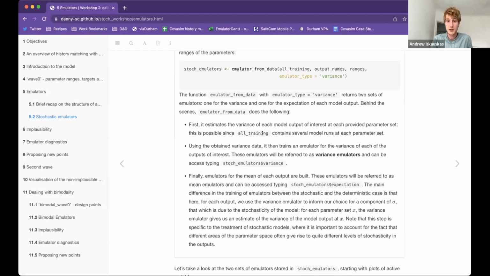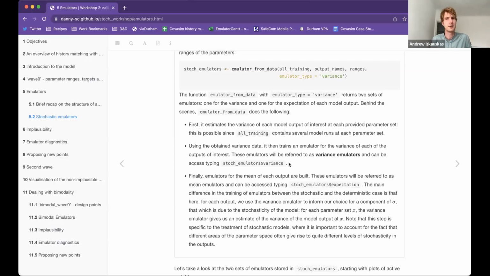So we start out with our training data set, we split it up, we work out all these summary statistics in some sense. We use the variance data to train a variance emulator. They sit in their own little thing. Frequently, we probably wouldn't need to use them in any sense that matters. It's very rare that with a model, you'd have observational data that corresponds to how stochastic the model is.